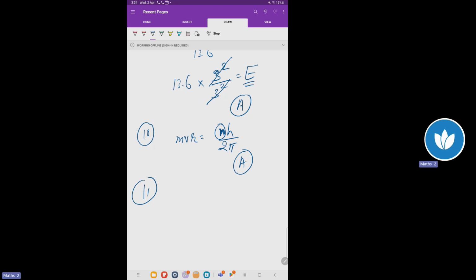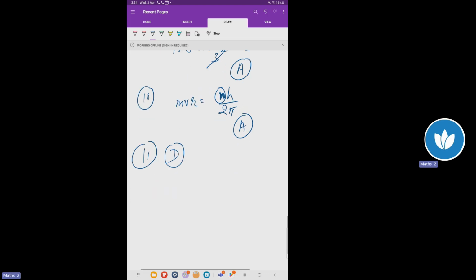11. A photoelectric current in a photoelectric cell depends on the nature of the metal, the wavelength of the incident light, intensity, all of the above. Option B. In a photoelectric experiment, two metal plates A and B are used for a given intensity. Work function of B is more than that of A. So eV naught is equal to h nu minus h nu naught. This is work function.